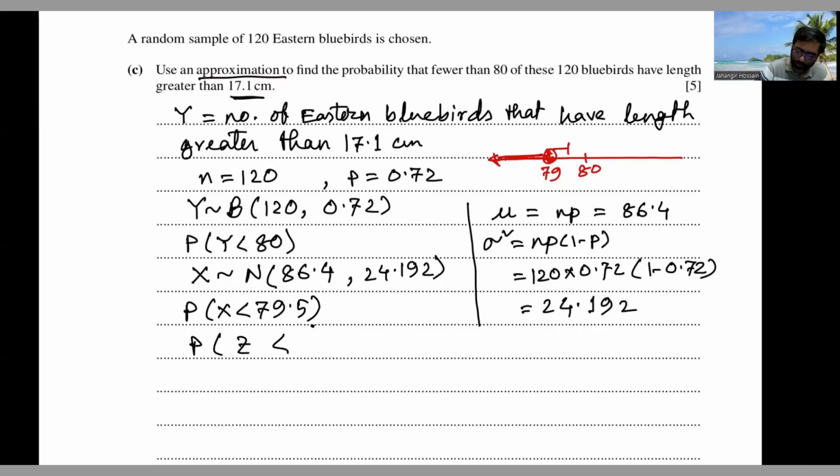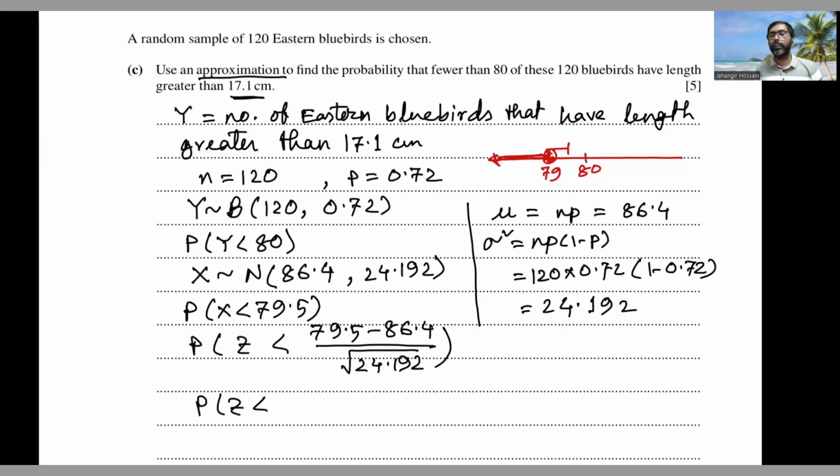Convert it into Z: it will be (79.5 minus mean) divided by standard deviation. We know the variance, so the standard deviation is the square root of this. So Z less than minus 1.403.